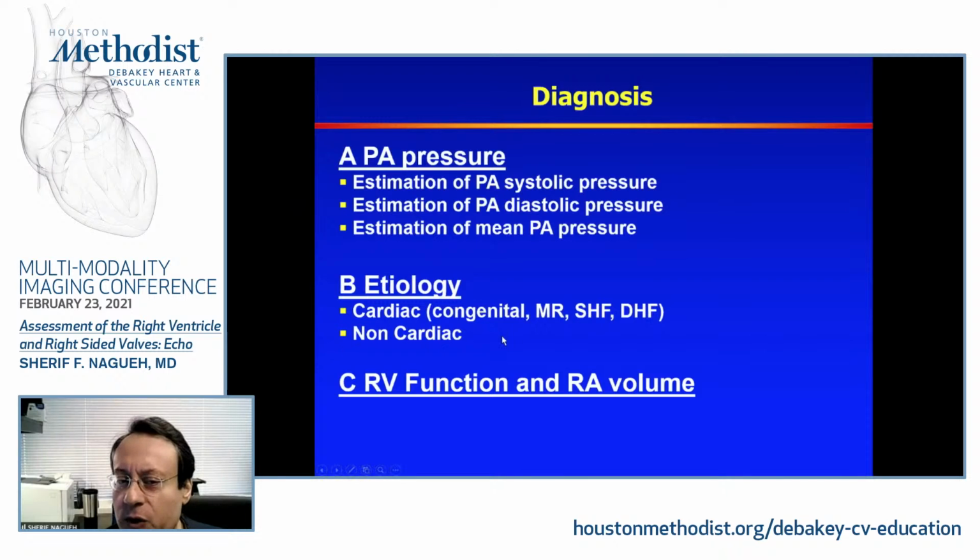There can be clues, for example, evidence of congenital heart disease, significant mitral valve disease, regurgitation or stenosis, and HFrEF or HFpEF. And then prognostically, RV function and size as well as RA volume are important to predict outcomes in these patients.